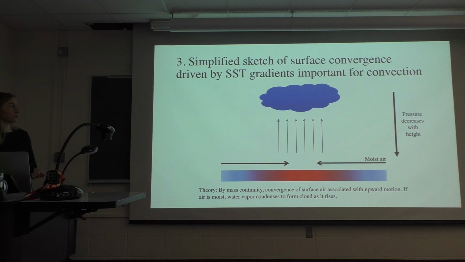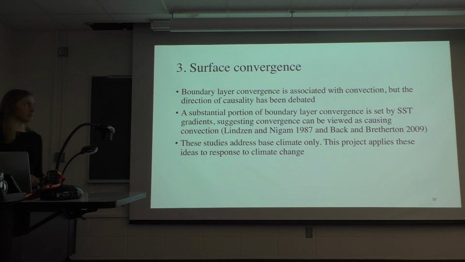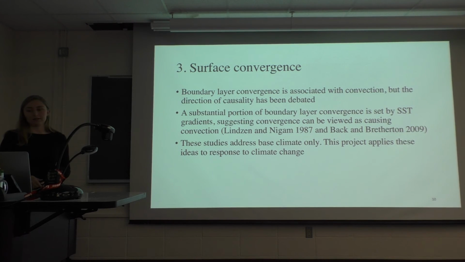Since we're in the tropics, that's convergence of moist air, and we can get this upward motion that can form clouds and precipitation. This is an idea that's been talked about a lot for the control climate and how tropical precipitation works in the control climate, and we're going to apply this idea to climate change.